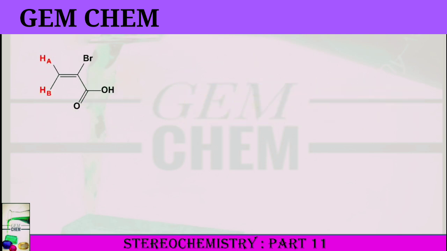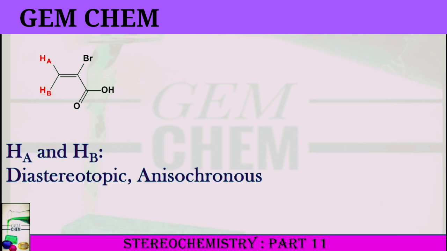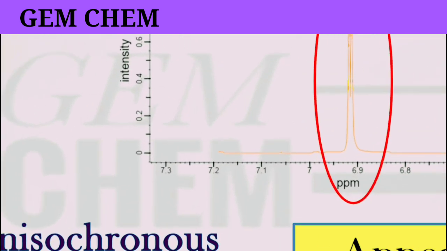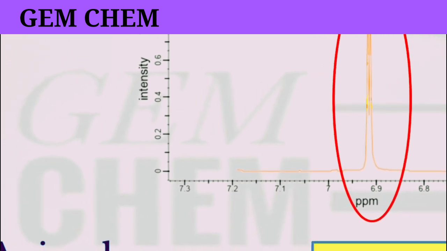Next molecule is this one. In this case you can see that one Br is present this side and CO2H is present this side. Again this becomes diastereotopic and the shift will be anisochronous. We are going to get ABq. If you consider here, this is a little bit of very fine structure. So here you are going to get a quartet. This is your quartet structure.